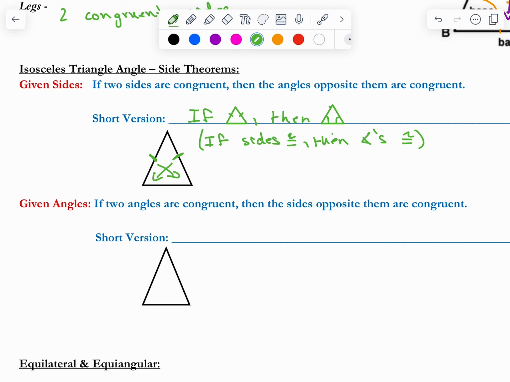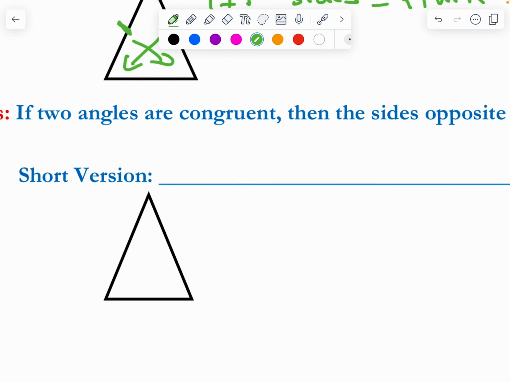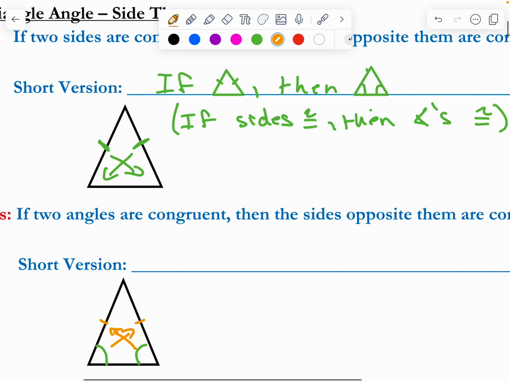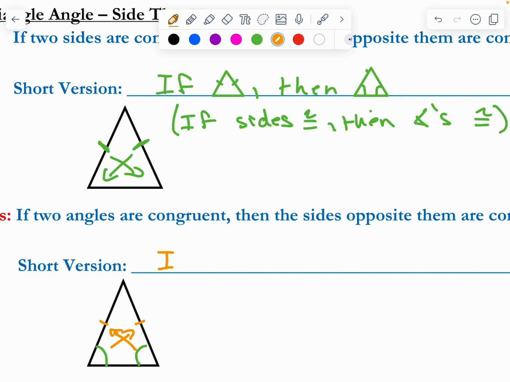If two angles are congruent, then the sides opposite to them are congruent. So again, if we have now these angles being congruent, then the opposite sides are going to be congruent. And it's the same thing, it's just a converse, right? Sometimes my triangles work, sometimes they don't.